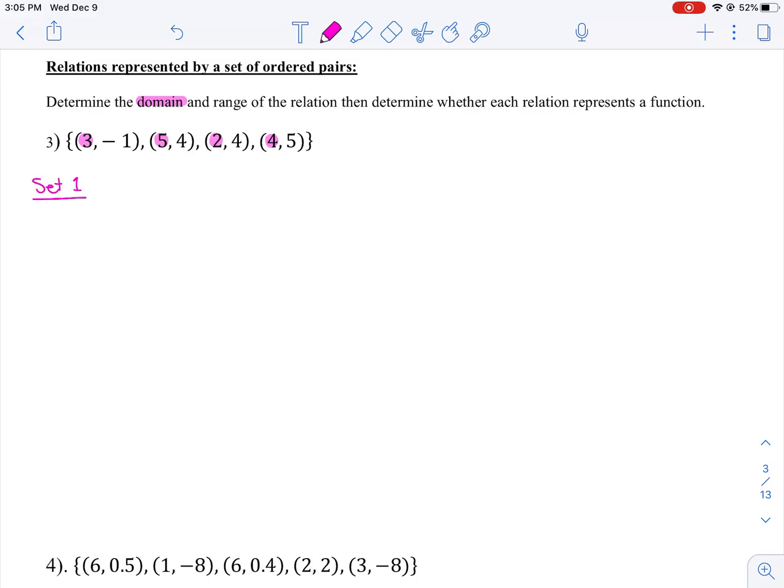So set 1 consists of the elements 3, 5, 2, and 4. So the domain, written in numerical order, is 2, 3, 4, and 5.